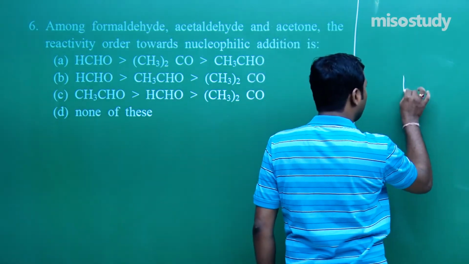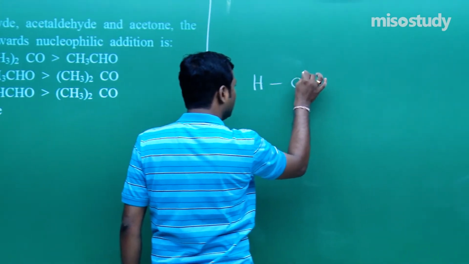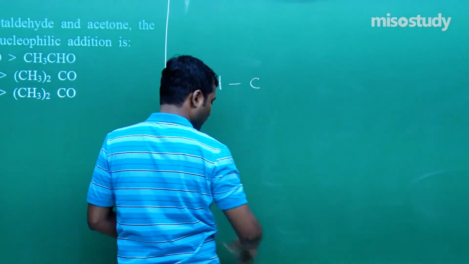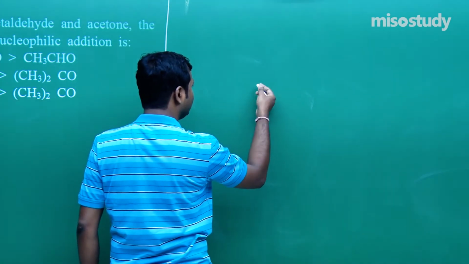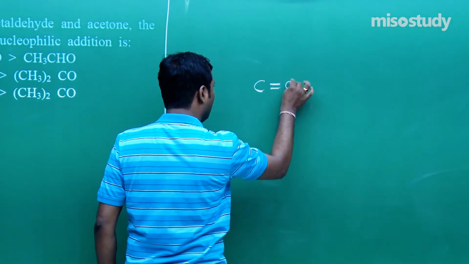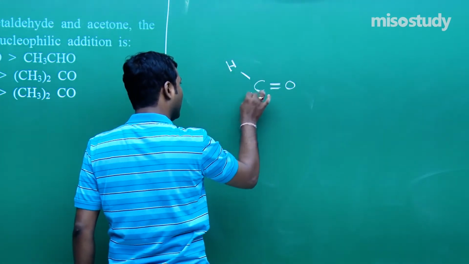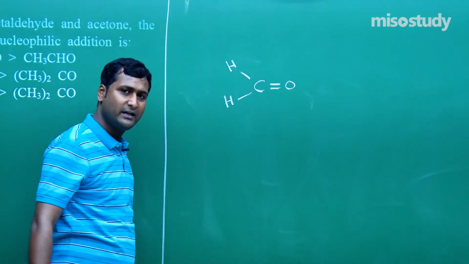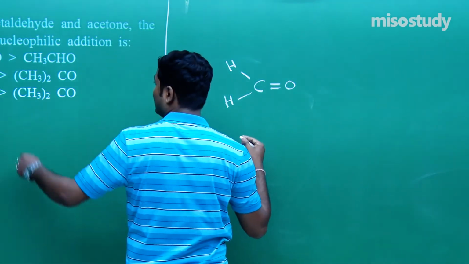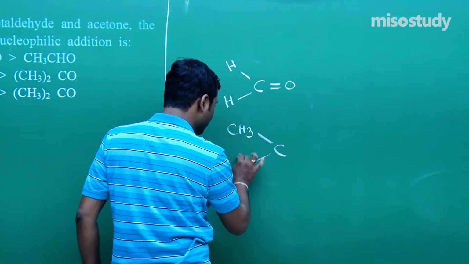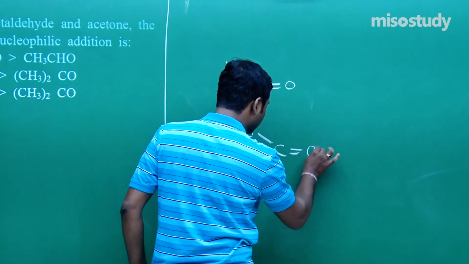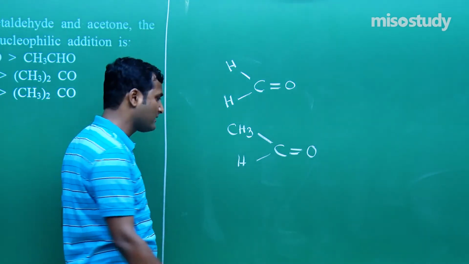If I talk about formaldehyde, wait for a moment. It can be written like this: C double bond O, here is H and this one is H. This one is formaldehyde. Now CH3, this one is C, this one is H, double bond O. This one is acetaldehyde.